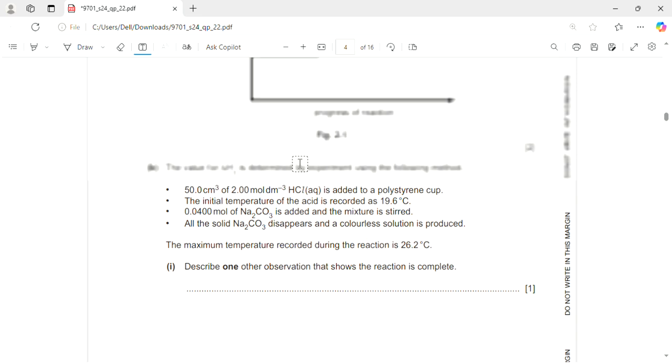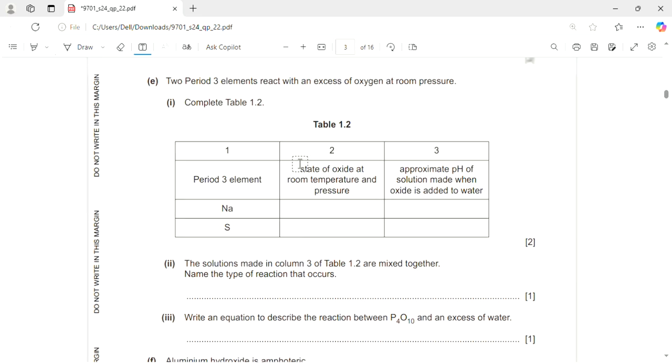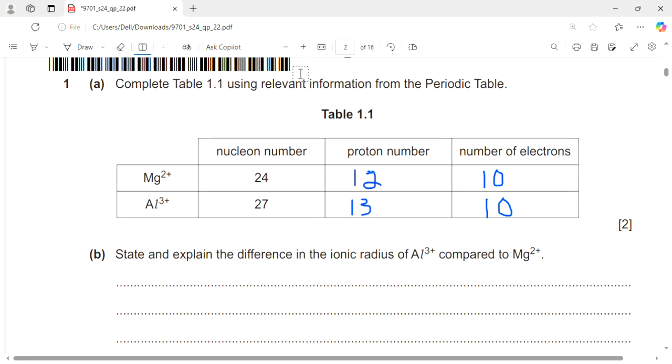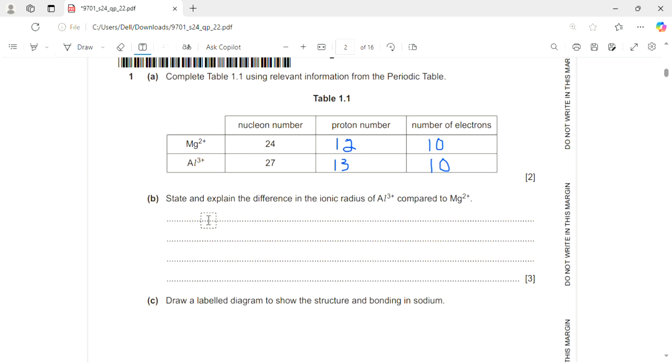We will write 5 here. So it means aluminum ion, just zoom it out and write the text here.